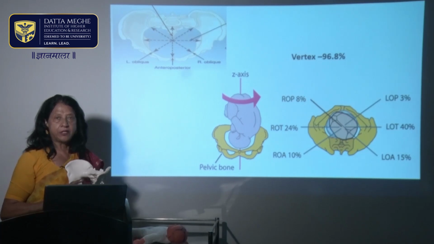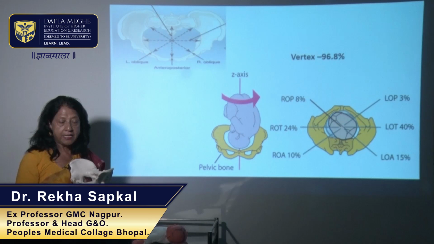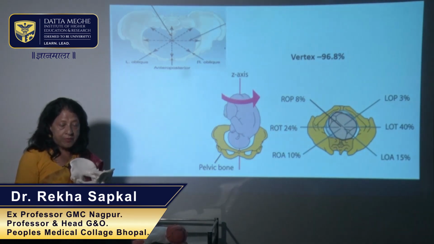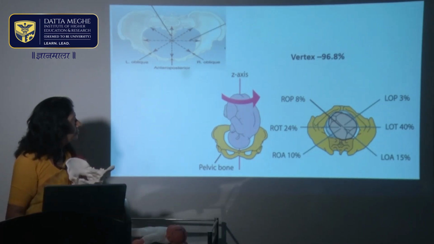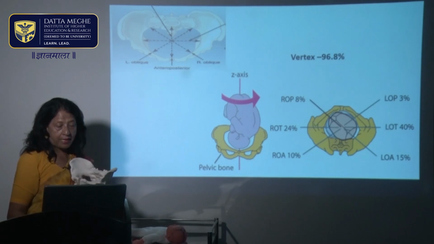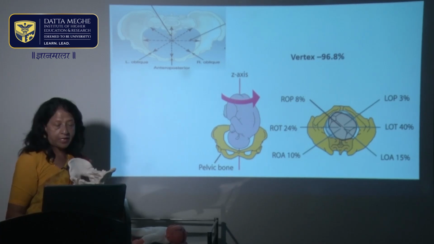Among cephalic presentations, vertex is the commonest. It is 96.8%. So, this can be vertex left occipito anterior, vertex right occipito anterior, like that, vertex right occipito transverse, or LOT, ROT.